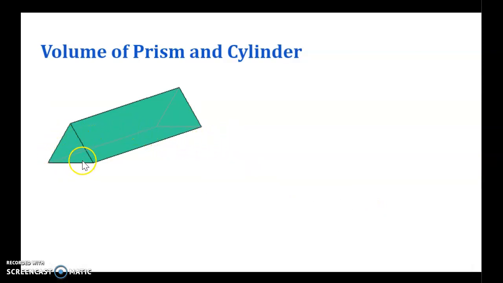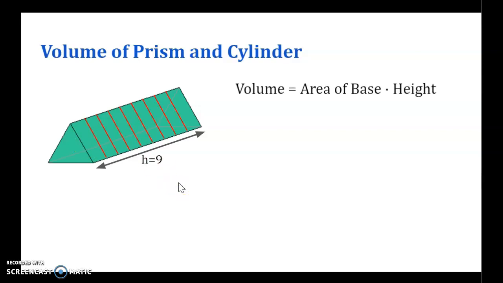So in this case, we have a triangular prism, and we can divide this up into many different slices to figure out what the volume is. So we have one slice being made up by a triangle, and for the height, we have say 9 slices of those base triangles. Then volume is going to be the area of the base, the area of this triangle, times height.